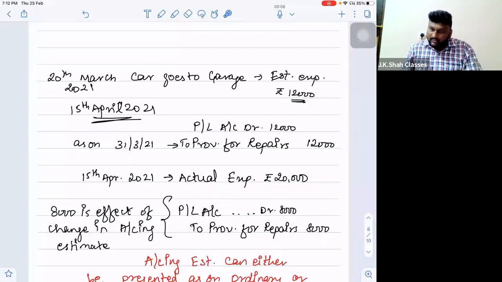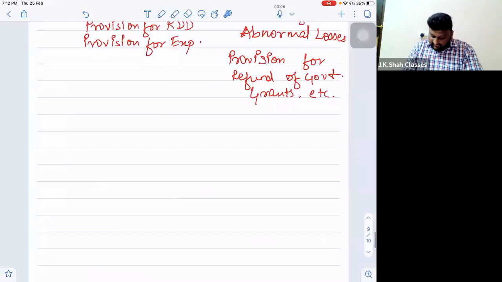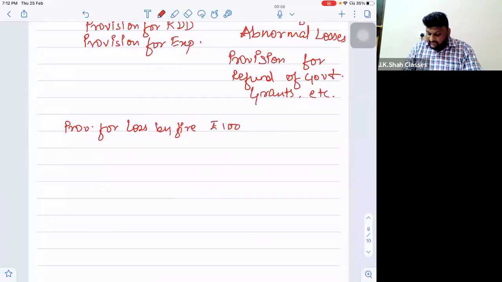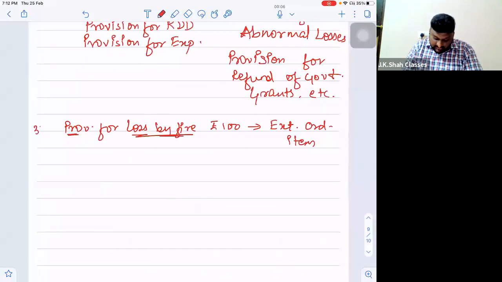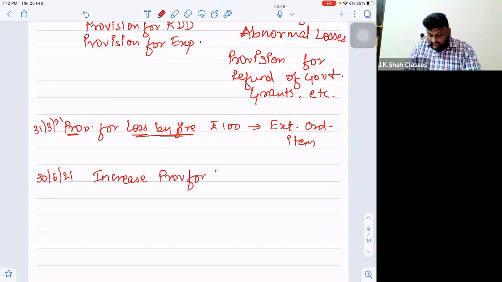For example, if you create a provision for loss by fire, rupees 100, technically this is an extraordinary item, because it is a provision for loss by fire. As on 31st March, you created this provision. On 30th June 2021, you decided to increase the provision for loss by fire to rupees 120.